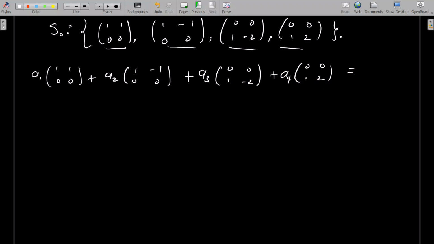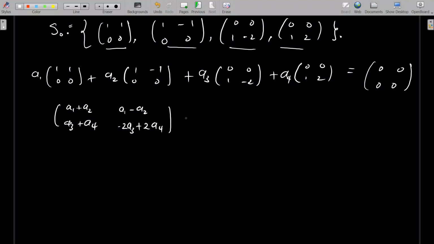In the 2 by 2 square matrix space, the 0 vector is the 0 matrix. If you simplify and sum them, you're going to have a1 plus a2 as the first entry, a1 minus a2 as the second entry, and then a3 plus a4, negative 2a3 plus 2a4. And this should give me 0, 0, 0, 0 as my 0 vector.